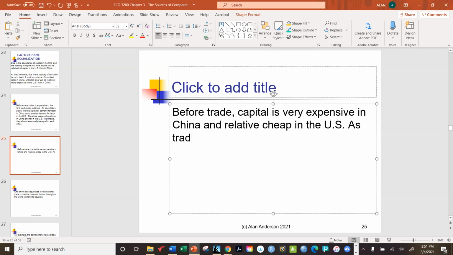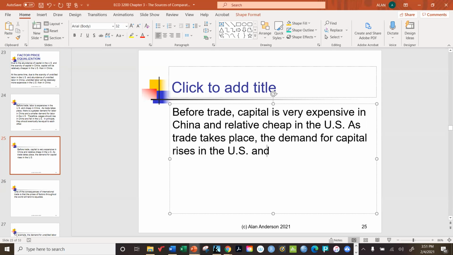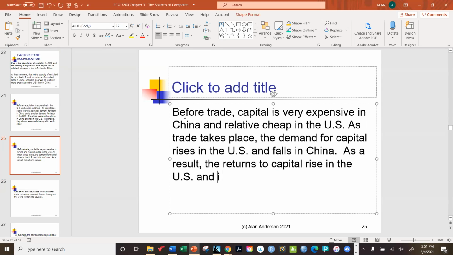As trade takes place, demand for capital rises in the US and falls in China. As a result, returns to capital rise in the US and fall in China until they eventually become equal, or they could get very close to that.